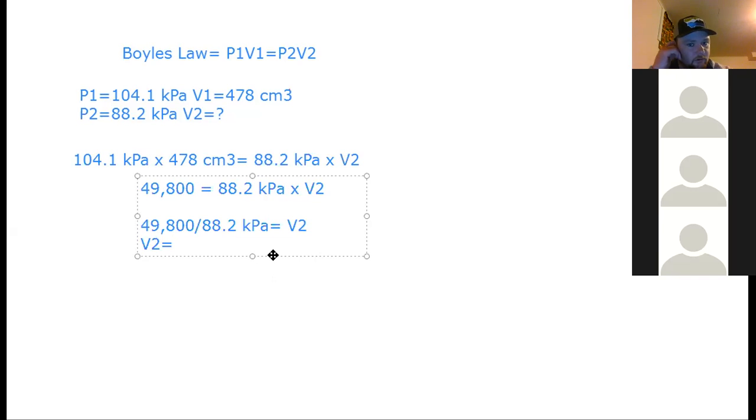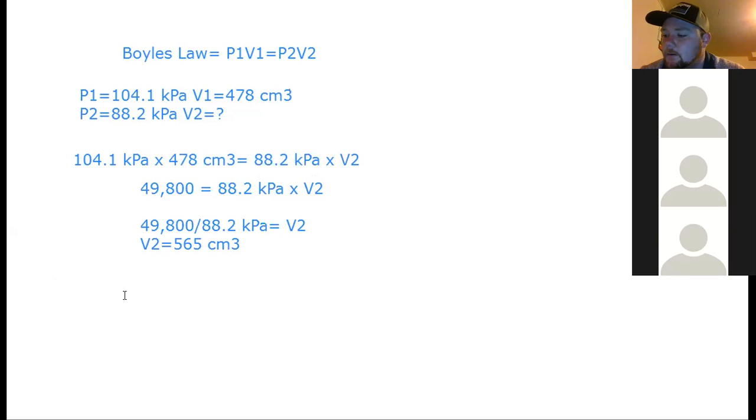So you should come out to 565, once you've rounded for sig figs, 565 centimeters cubed. Does that make sense? People see how I got that?